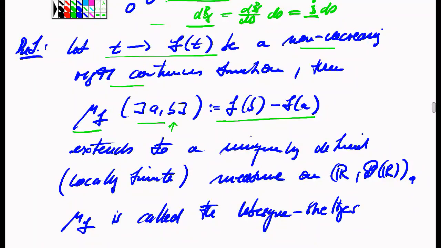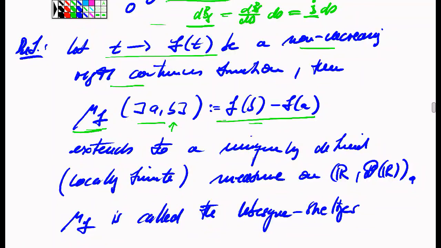Namely, if we have a half-closed finite interval from a to b, then using the function f, we define the corresponding measure of that interval simply as the difference of the function f evaluated on these two boundary points of that interval.